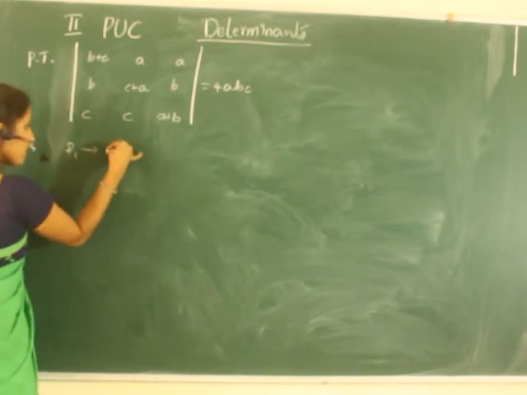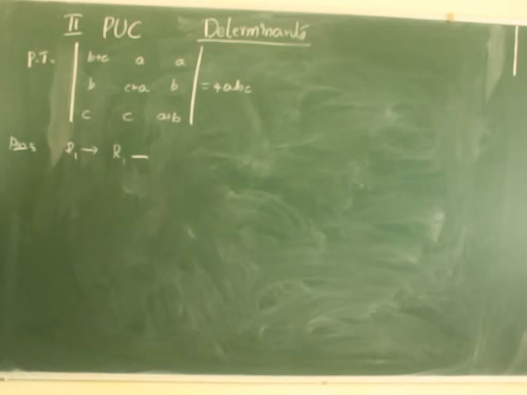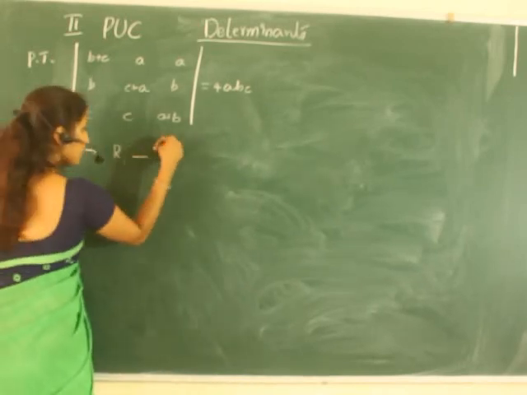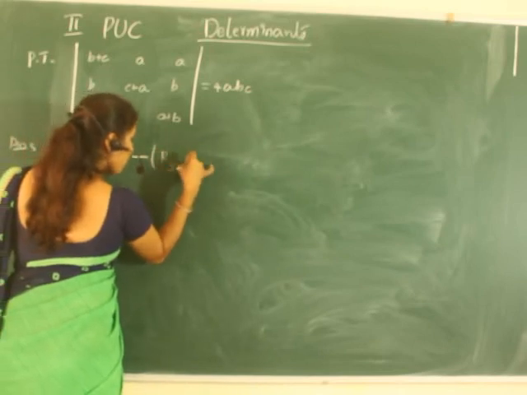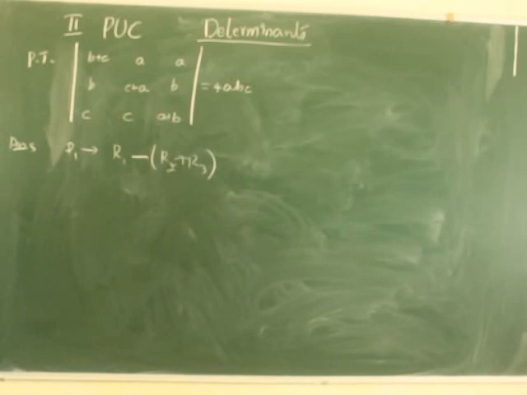I will use the property r1 changes to r1 minus r2 plus r3.